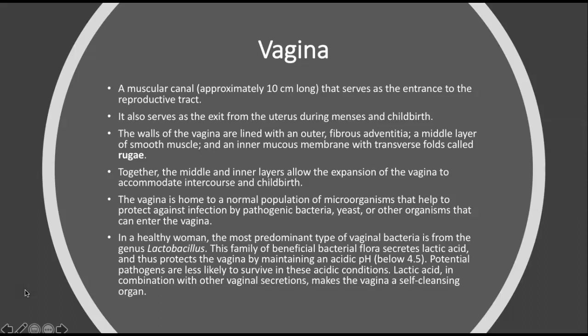That family of bacteria secretes lactic acid, and it protects the vagina this way because lactic acid maintains an acidic pH below 4.5. It's very acidic. But these potential pathogens are going to be much less likely to survive in those acidic conditions. So the combination of lactic acid and the other vaginal secretions actually makes the vagina a self-cleansing organ.